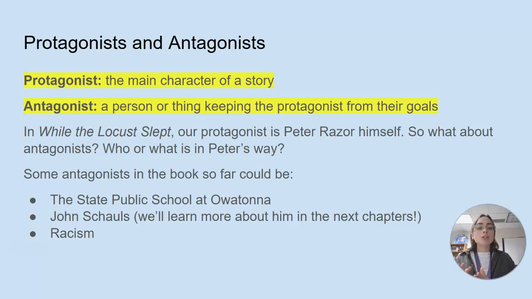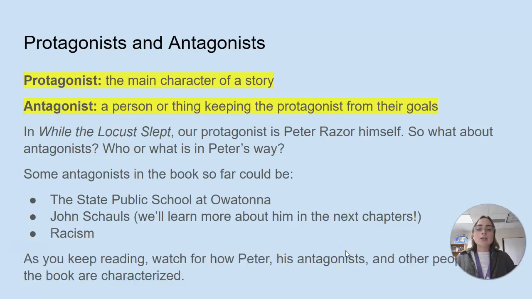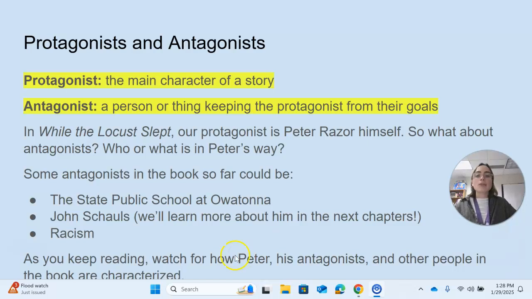We saw that his teacher at school was prejudiced against him for being Native American, and I want you to pay attention to the way that racism is acting as an antagonist throughout this book. So as you start reading chapters 2 and 3, I want you to really watch for how Peter, his antagonists, and other people in the book are characterized. Enjoy.